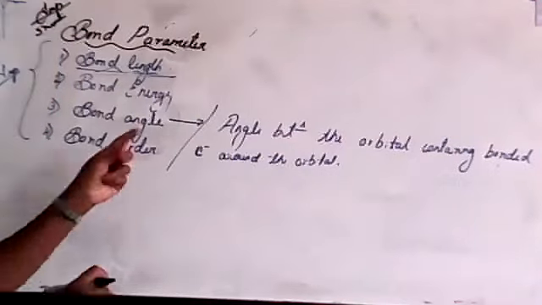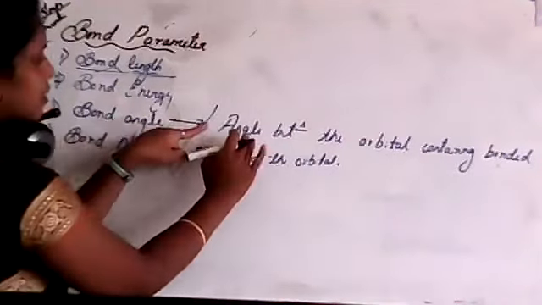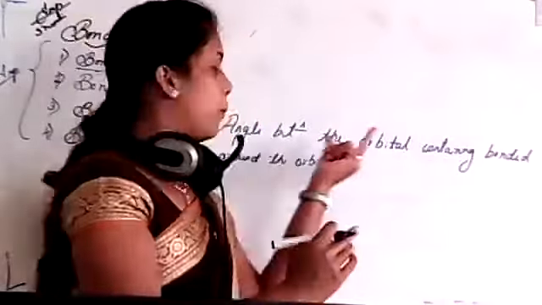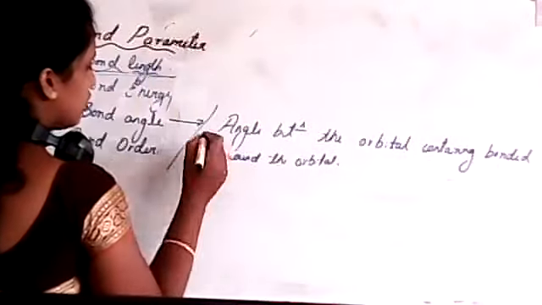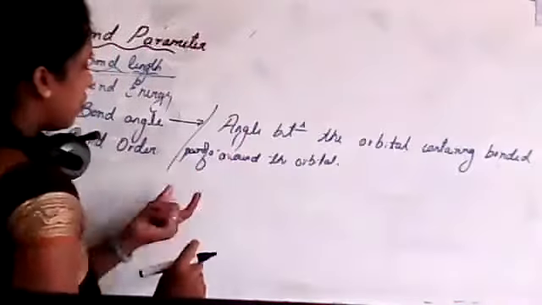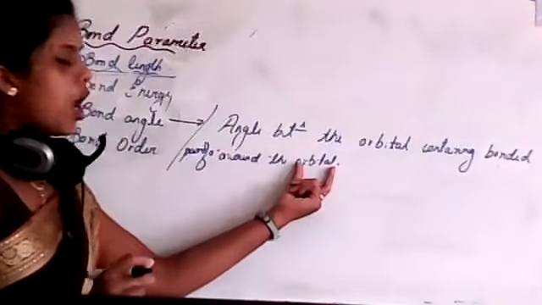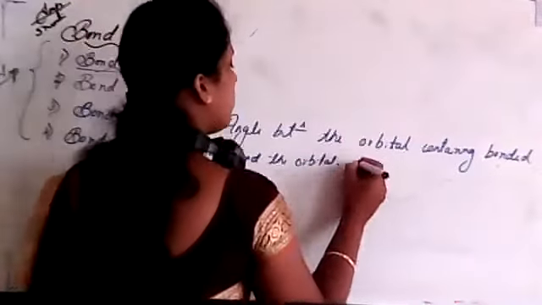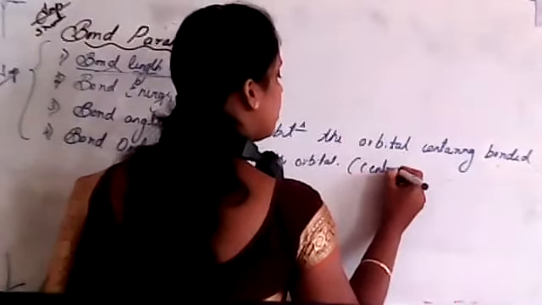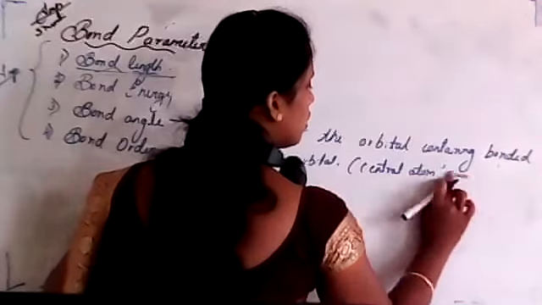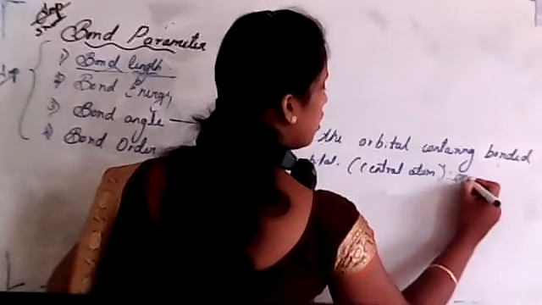Okay, fine. So now, bond angle is nothing but the angle between the orbitals containing bonded pairs of electrons around the central atom in a molecule.